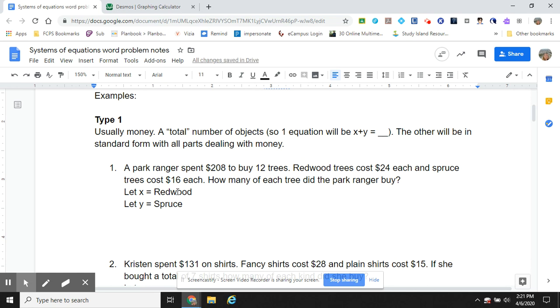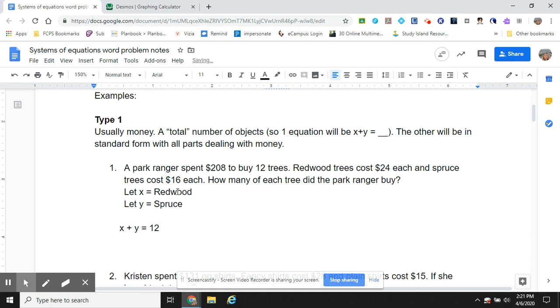Now I'm going to come down here and write my 2 equations. I have a total number of 12 trees, because nowhere else do I see any other numbers. I got money, money, money, and then I got this random 12. Generally, when you don't have enough numbers, that tells you one of them is a total number of objects. So if I add the number of spruce trees to the number of redwood trees, I should get a total of 12 trees.